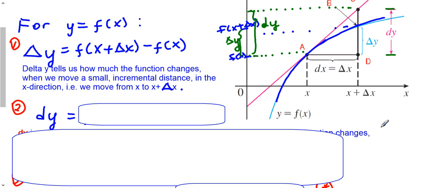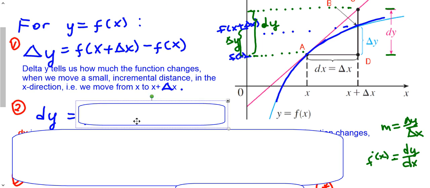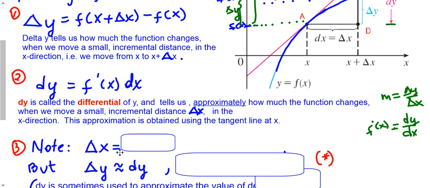So just a quick reminder: if m is delta y over delta x, and you want to know what delta y is, multiply m times delta x. On the other hand, dy over dx is the derivative, which is f prime of x. So if you want to know what dy is, multiply both sides by dx. So dy will be f prime of x times dx. That's another way to think about it. So that's what we have here, and that's the explanation.